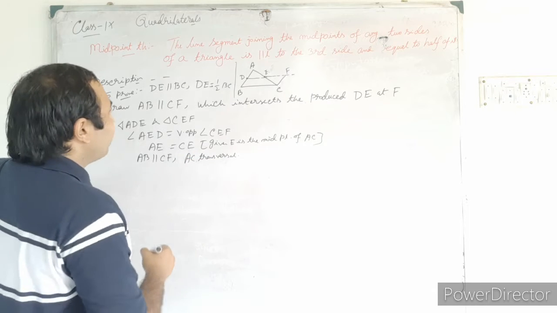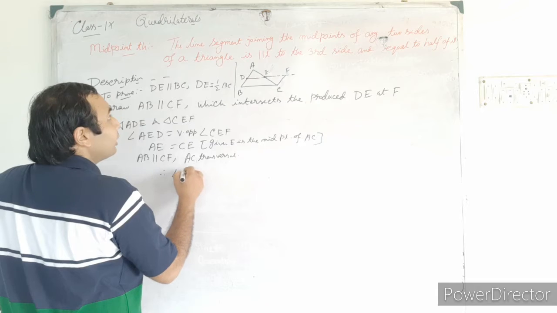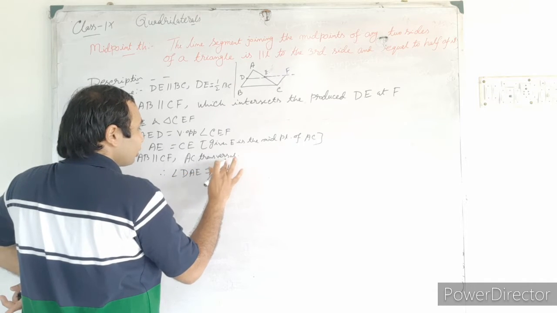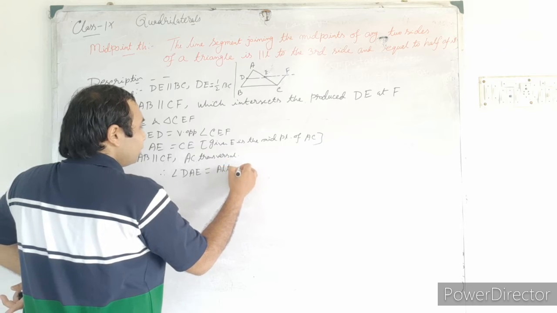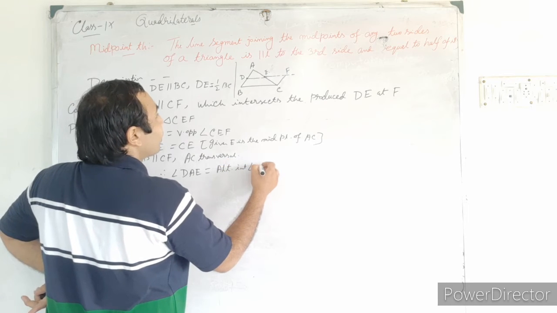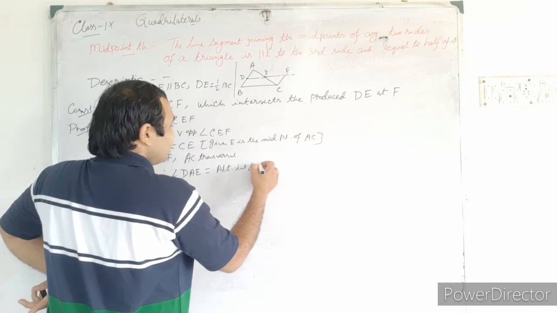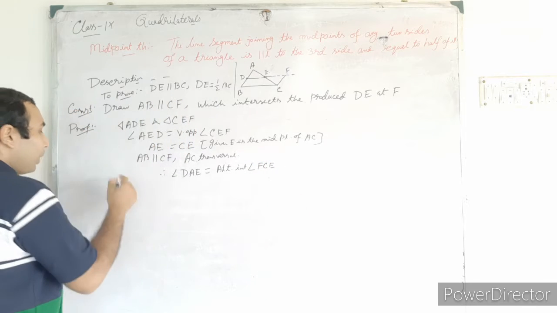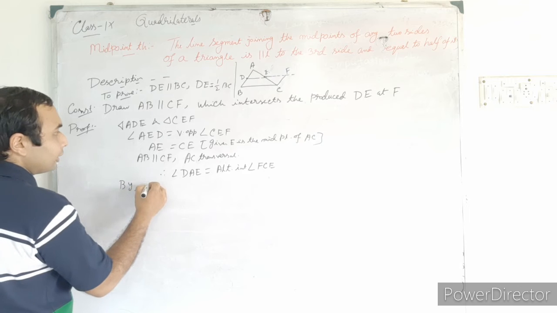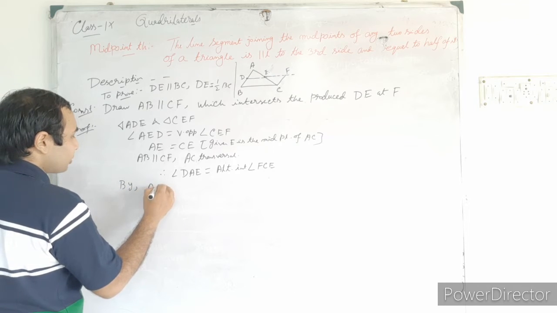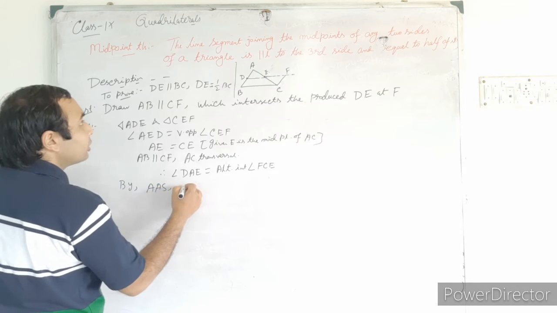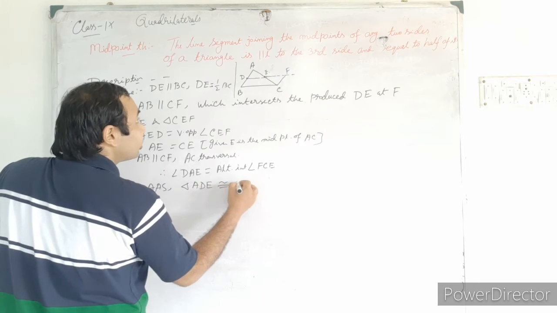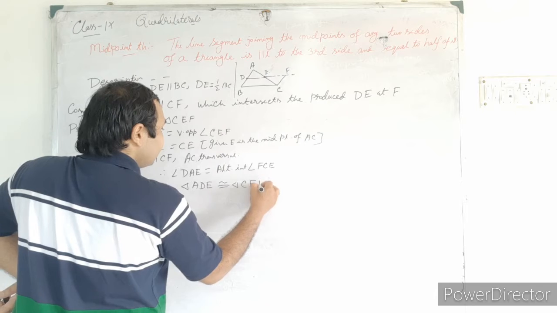Then from here we can say angle DAE is equal to the alternate interior angle FCE. So by AAS congruence, we can say triangle ADE is congruent to triangle CEF.